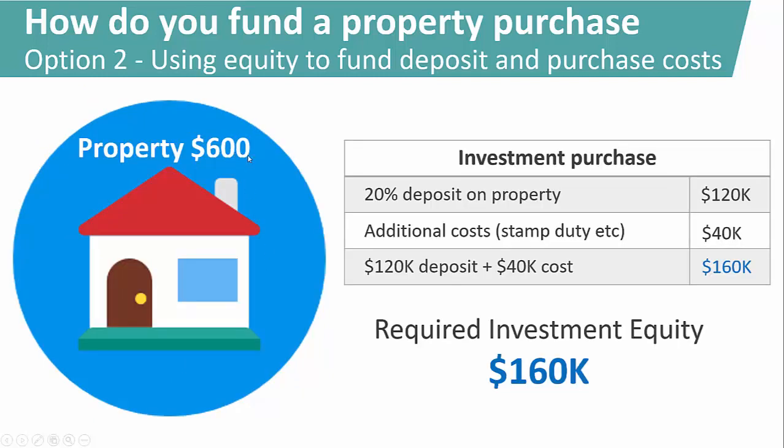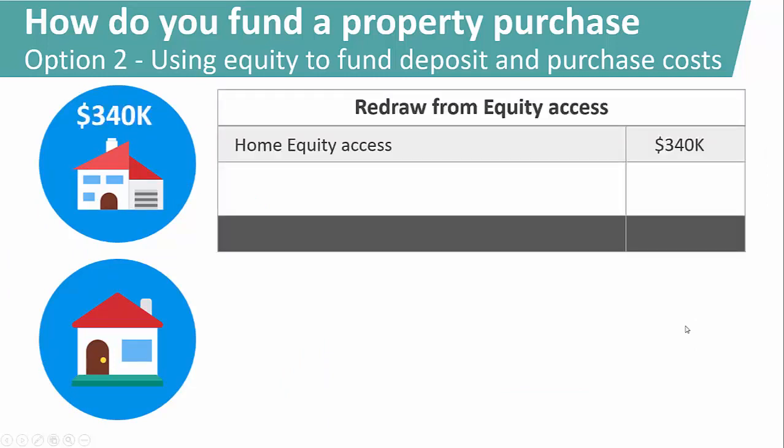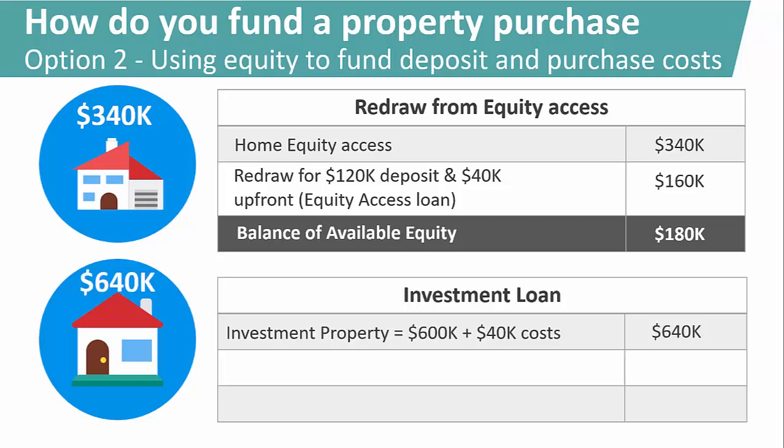And you'll notice there that the 600 changed to 640 because it really is worth 640 if it's got $40,000 of costs in there as well. So remember, you had $340,000 of available equity to start with, and you've just used 160 of it. So you've still got 180 remaining.